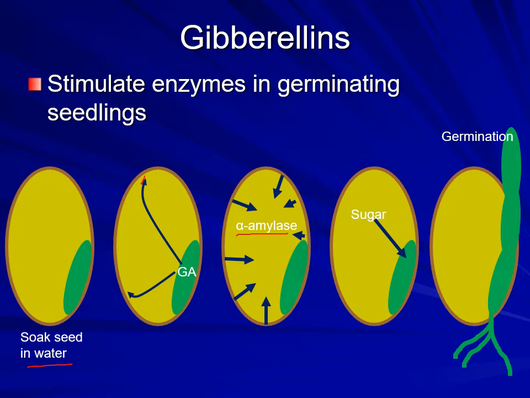Anyways, that starch that's in the cotyledon begins to release sucrose from the starch. And that sucrose moves into the embryo and begins to drive growth. And you end up with germination. So by applying gibberellic acid externally to seeds, we can actually accelerate or break dormancy that's waiting for specific requirements.